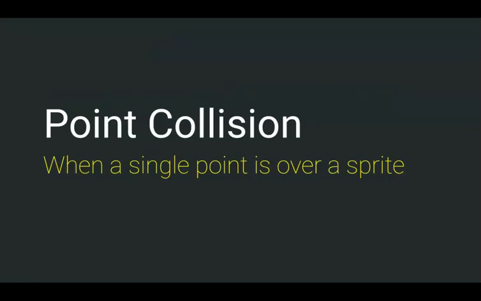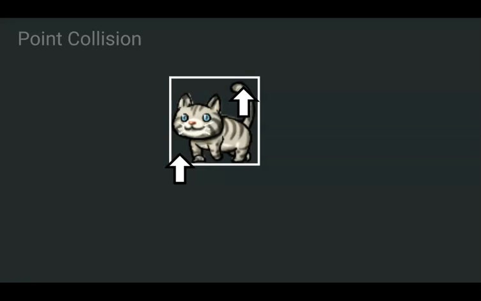And now, of course, a point collision, like we had stated, is when a single point is over a sprite. And this would be a much more specific sort of collision. So in this example with the kitty cat, both of these points are within the rectangle of the sprite, and so whatever this point is and whatever this point is, they would be colliding with this kitty cat. Now again, the one on the right is colliding with the tail. That point is on the tail.